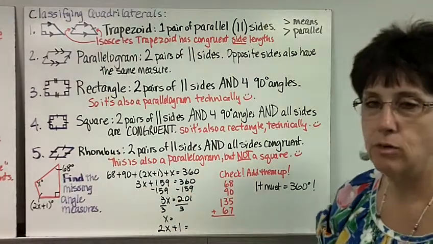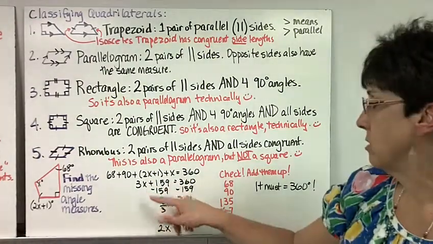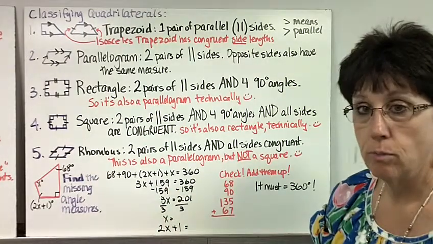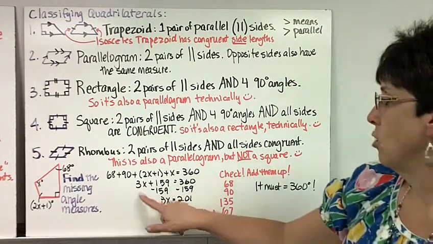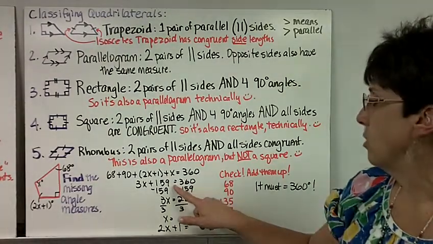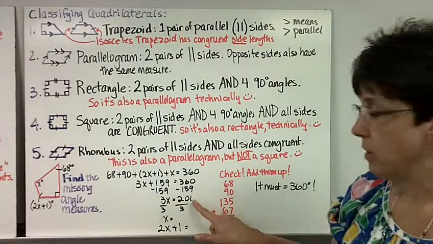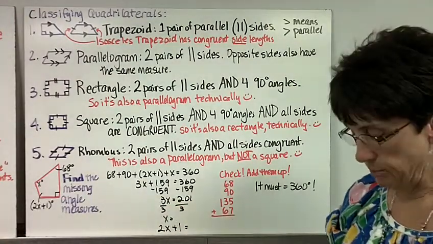So 3x plus 159 equals 360. We want to isolate our variables, subtract 159 from both sides of the equation. We get 3x equals 201. Divide both sides by 3.